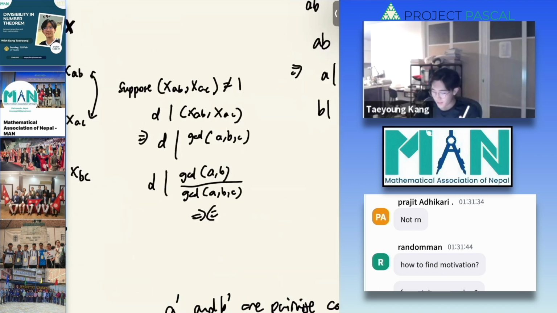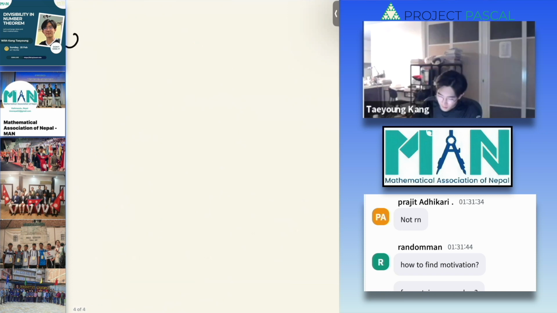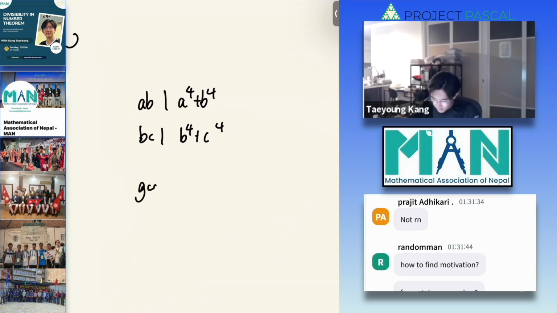The problem with it is that if I just use the normal GCD, if I let A equal to GCD, something like this.